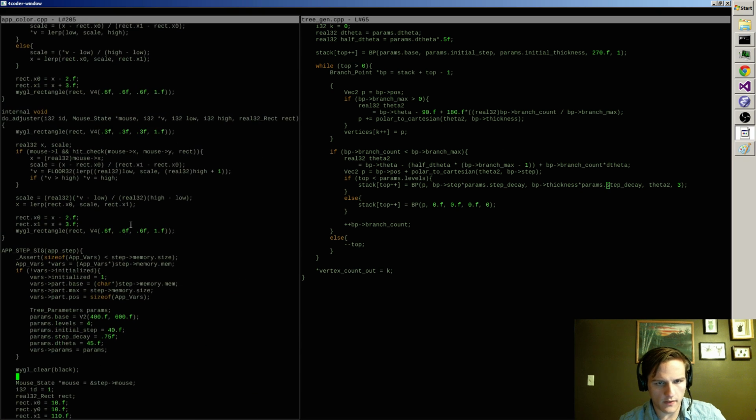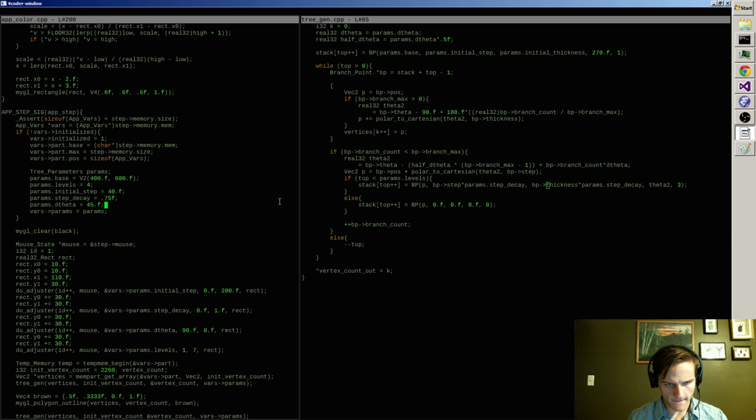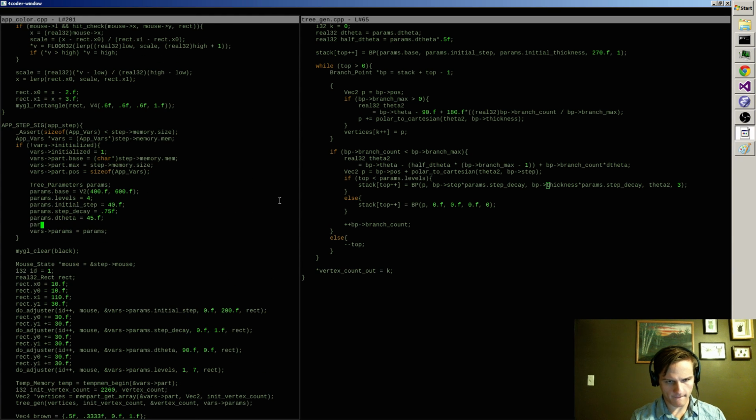I'll leave that as it is for now. It's probably going to change, but that's not the point yet. Initial thickness, that's 10. Might as well add a tweaker for that.